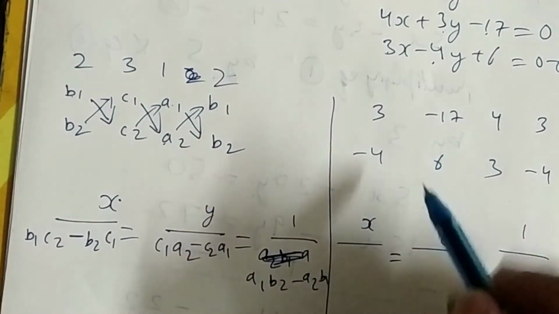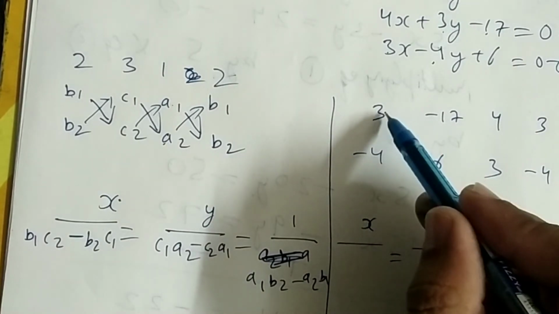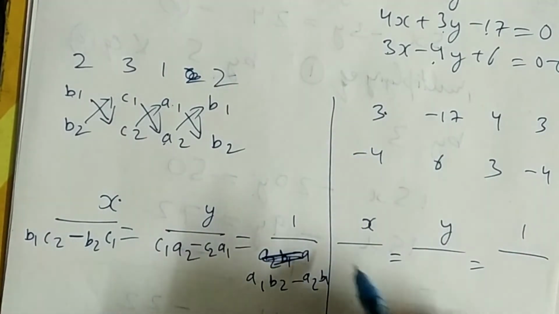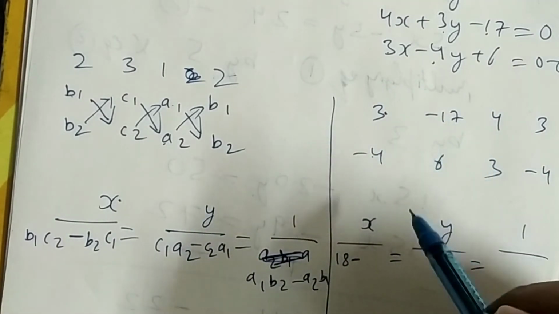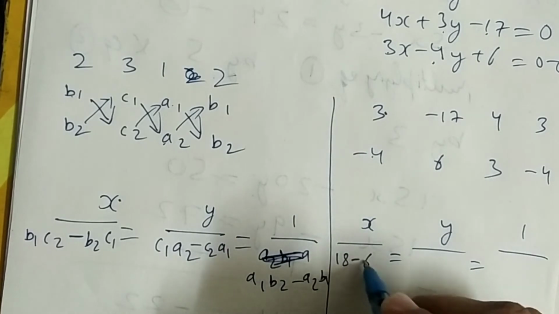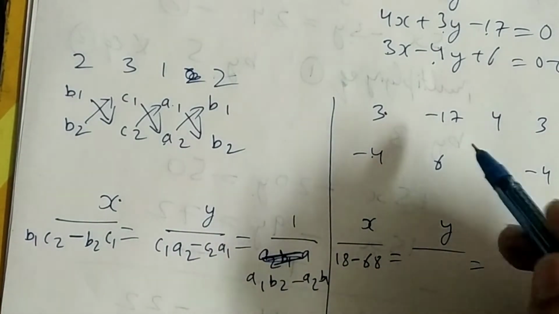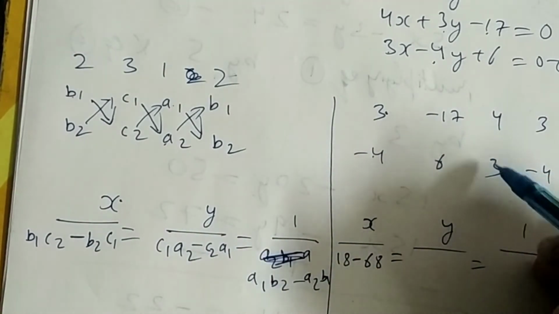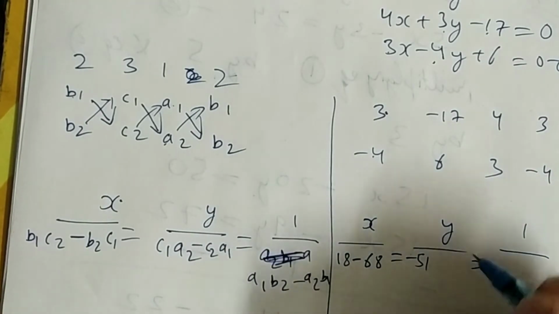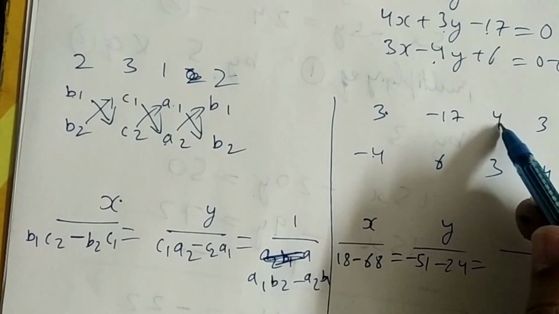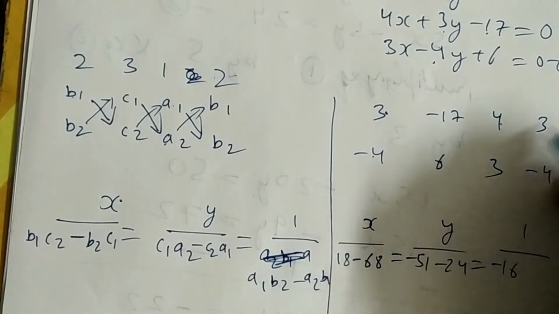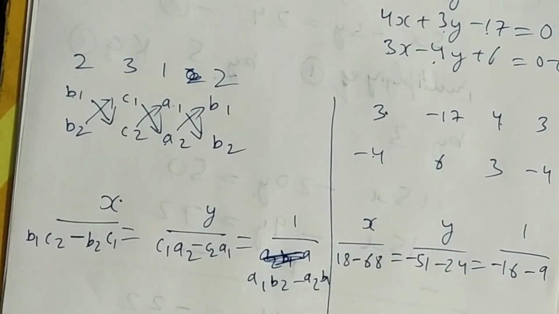Now look at the question here. 6 3s are 18. Then we will put a minus sign. 17 4s are 68, minus into minus is plus, so that is plus 68. Then 17 3s are 51, minus 24, minus 16, minus 9.